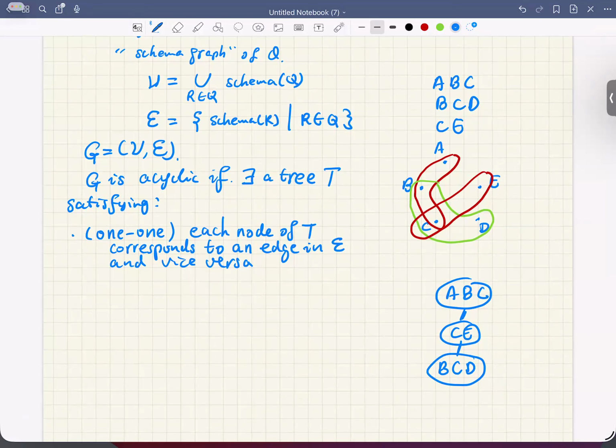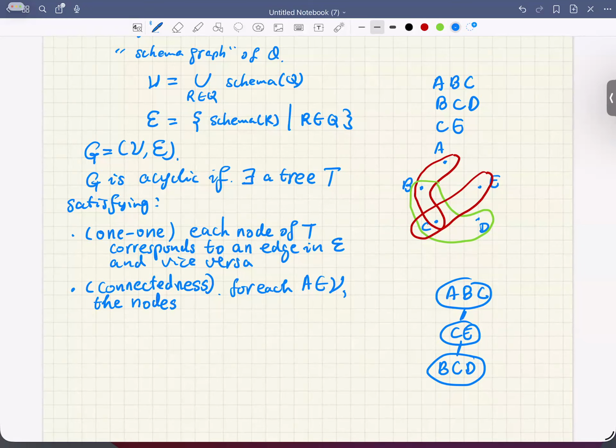So the condition says, okay, so this is called the connectedness. For each attribute A in this V, so this vertex set, for every vertex here, the nodes.